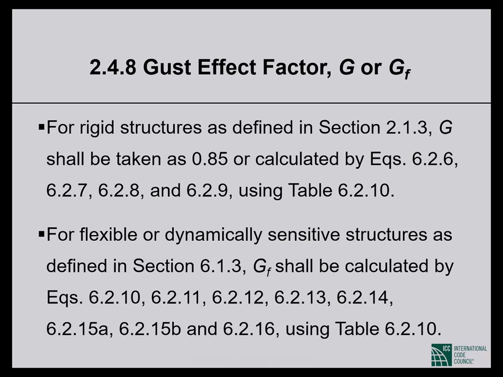So rigid building, it is 0.85. After spending an hour and a half, I had calculated 0.86. I have since found that much of the time, if you calculate G as you are required to, it comes out between 0.85 and 1. I do not know enough about the subject to tell you why.